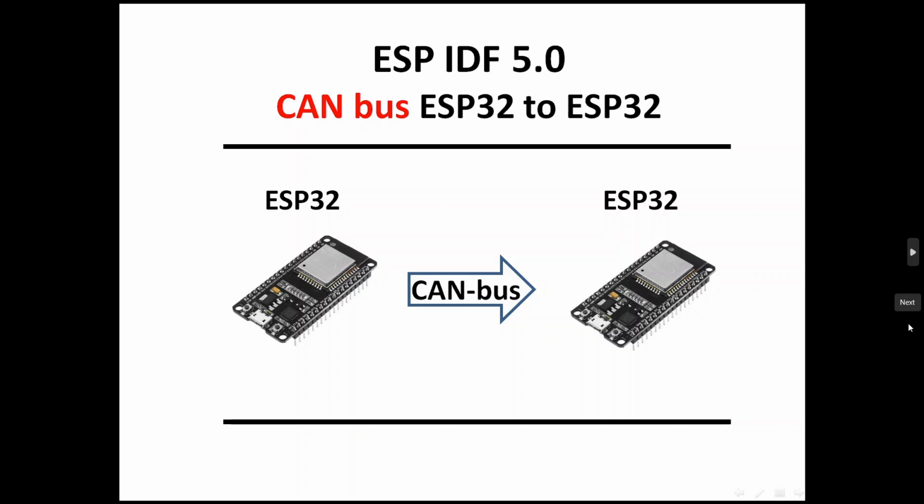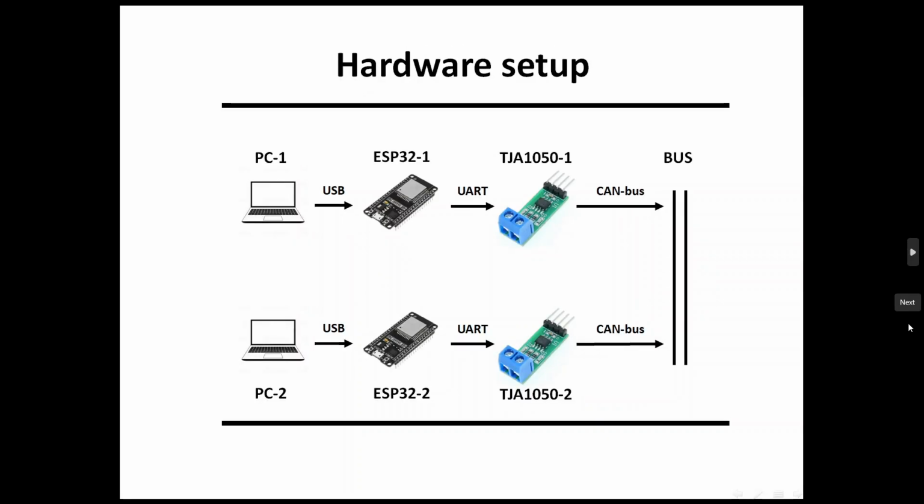So here we are on our computer number 1, which is connected to ESP number 1 in the following setup. We are sending a message from the ESP32 where PC number 1, the current PC that we are looking at, is flashing the software.